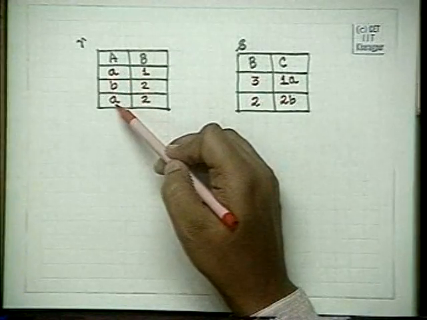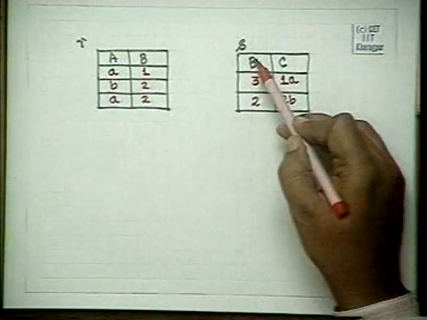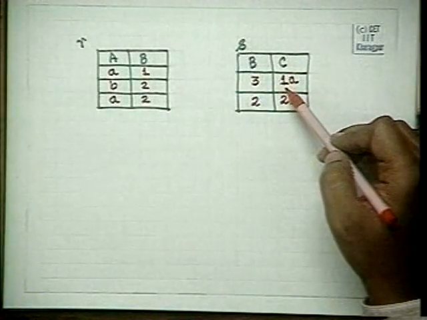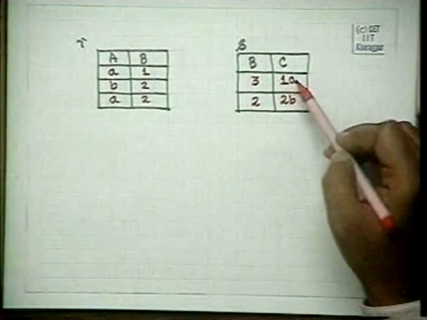Suppose this takes one character, this takes one integer, so this also takes one integer, and this takes a string which is a combination of an integer and a character, so it's an alphanumeric string.